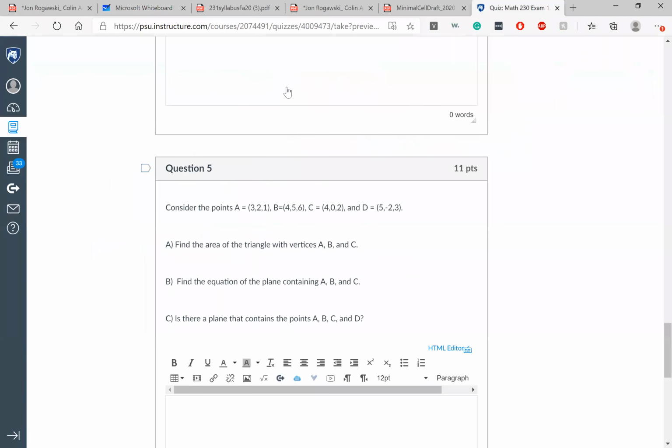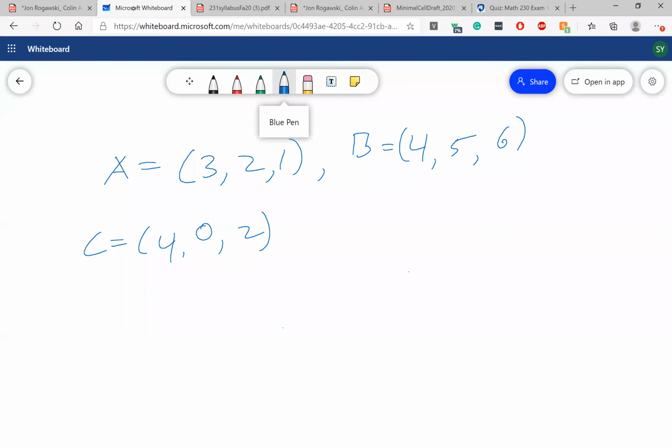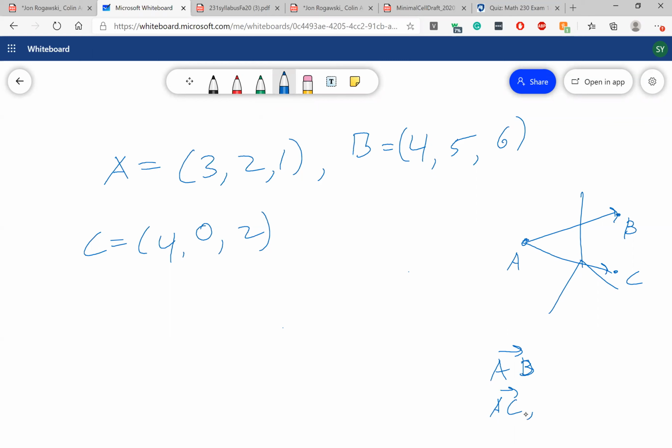So first they want us to find the area of the triangle with these vertices. So here's my A, here's my B, here's my C. We want to find AB and AC, finding the vector AB and the vector AC, and then taking their cross product.